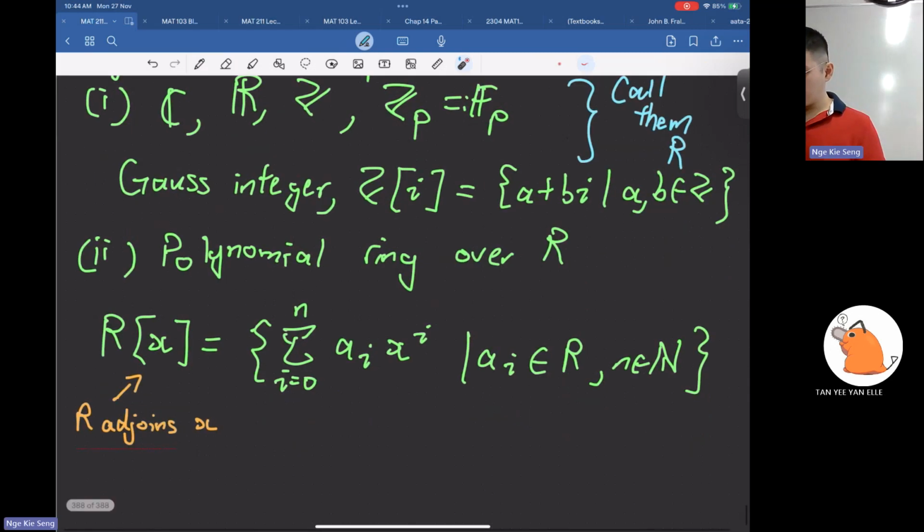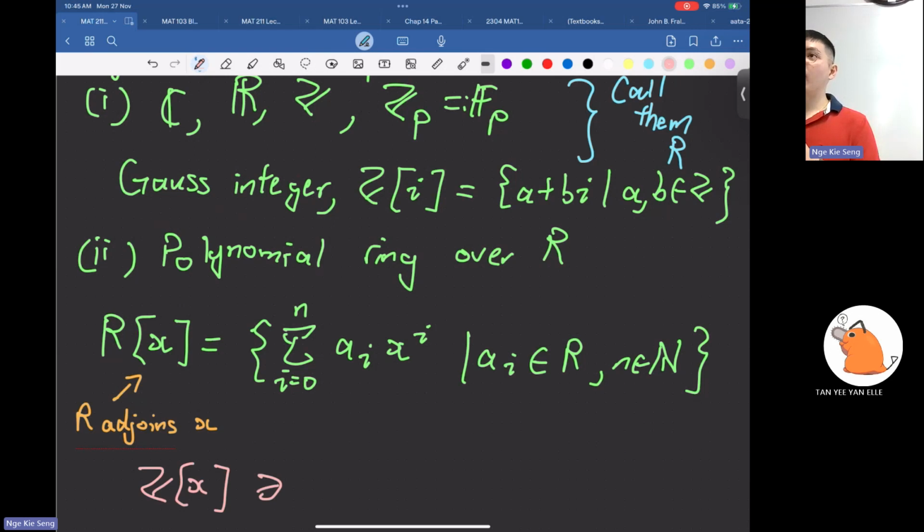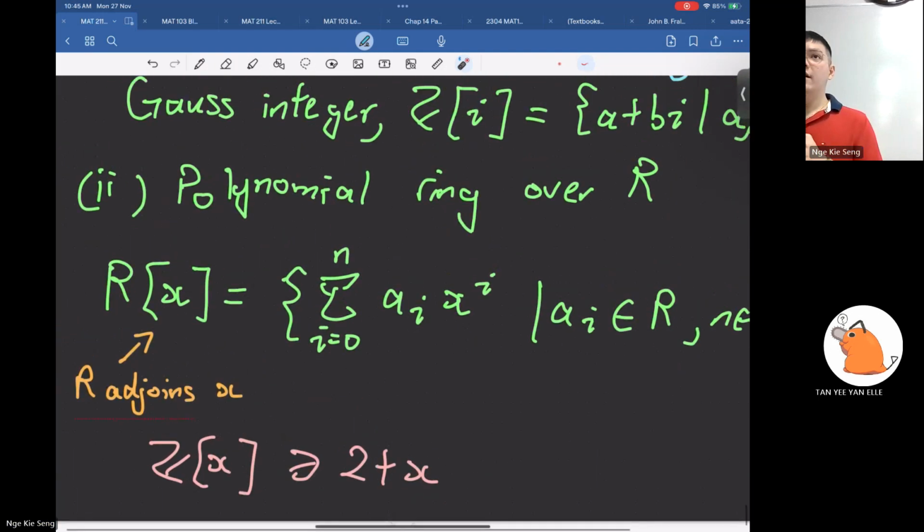Let's take an example. What is in Z adjoin x? For example, 2 plus x is in there. You can see that all the coefficients live in Z. Everyone see?